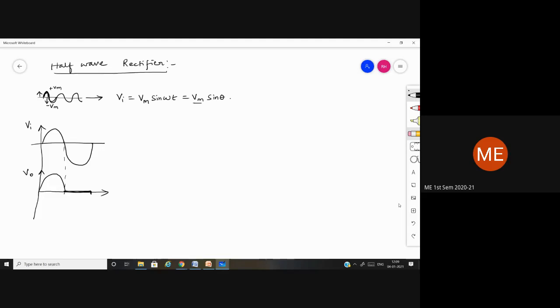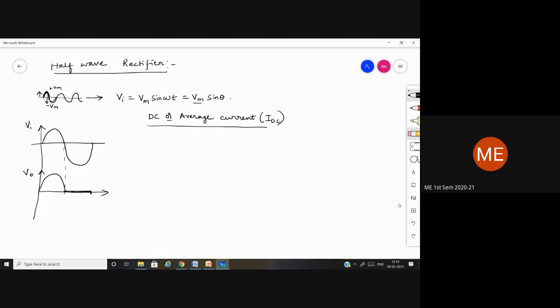For this purpose, the first thing we are going to derive is the DC or average current, that is IDC. IDC is the amount of DC content in this output. I have already told you we can represent a signal either in voltage form or in current form.